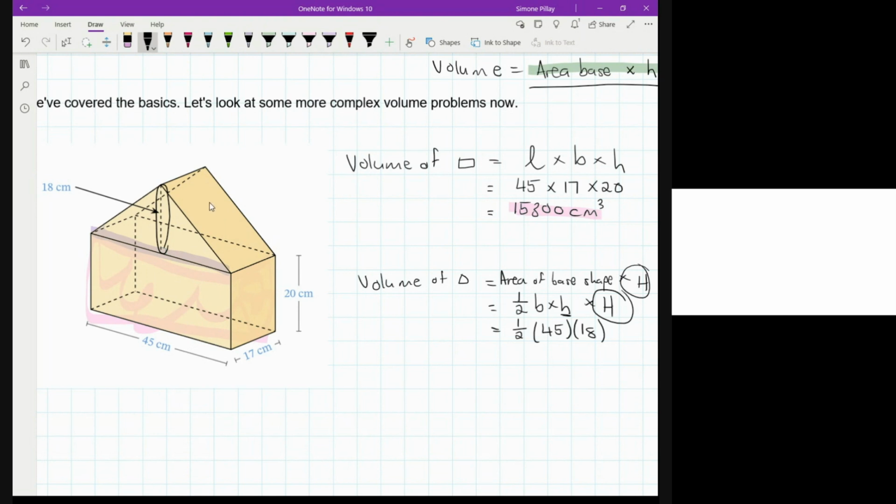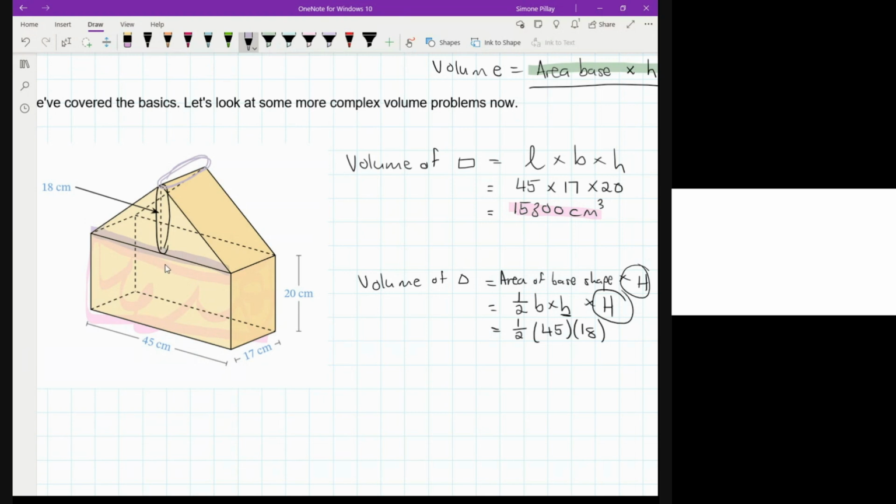Think of taking just this triangular prism and putting it flat so that the triangle was down. Do you see that this over here is actually what the height is? Yes, I see. Does that make sense?